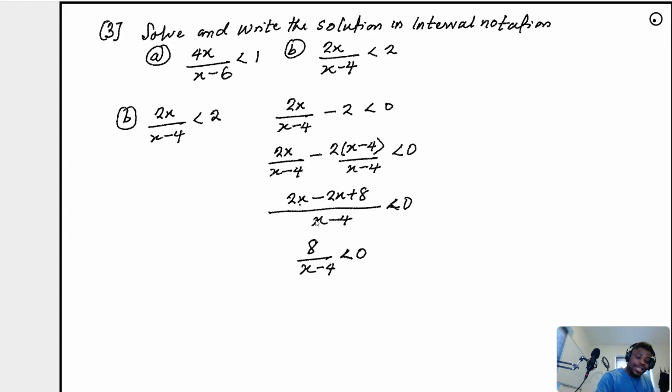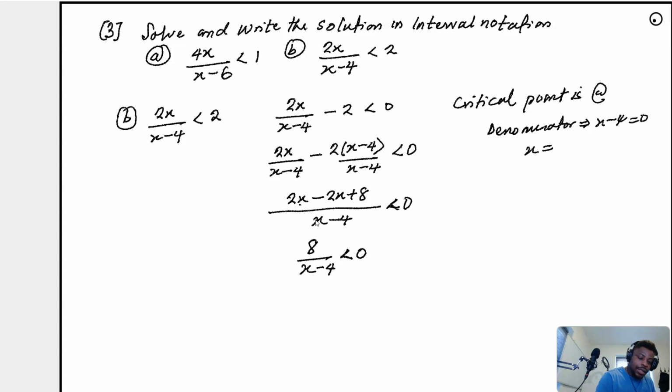So your critical point is, for numerator, there is no critical point because 8 will always be 8. It's a constant. But for denominator, that is x minus 4 is equals to 0. So x is equals to 4. So critical point is at x is equals to 4.